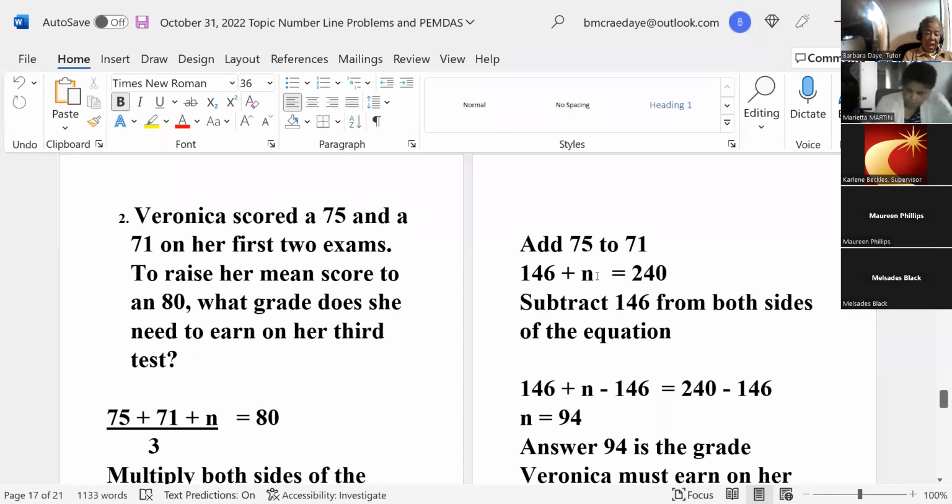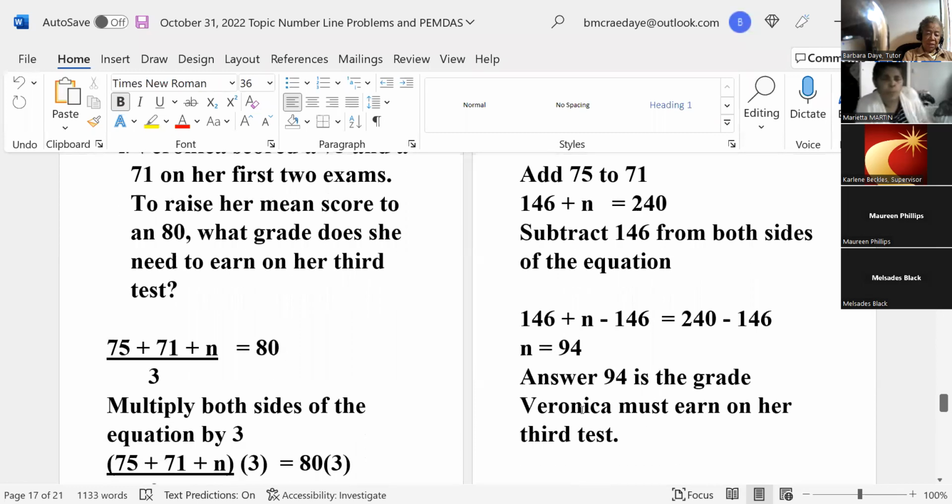What number adds to 146 to give 240 is found by subtracting: 240 minus 146 gives us 94. So Veronica must make 94 on her third test to get an average of 80. That means you can put 94 into n, add it to 71 and 75, divide by 3, and you'll get 80.